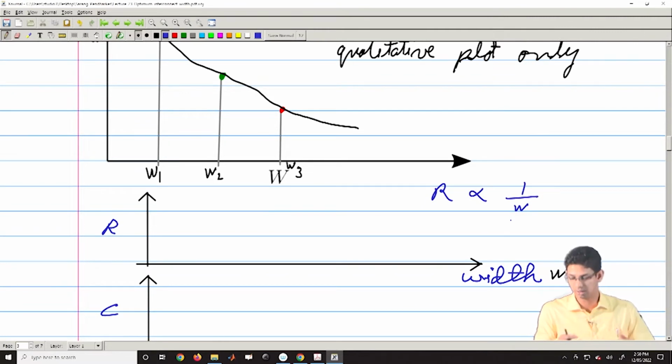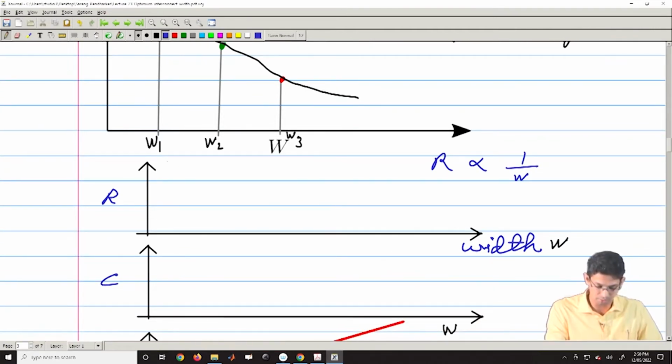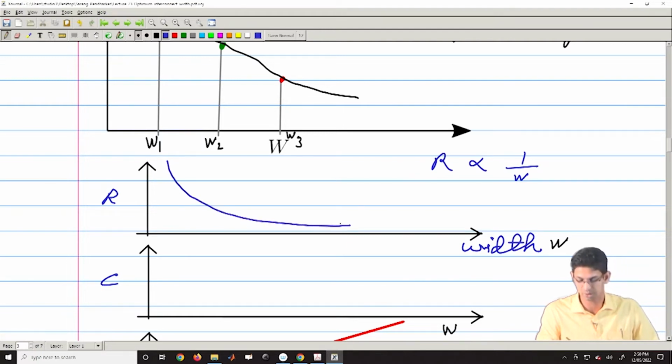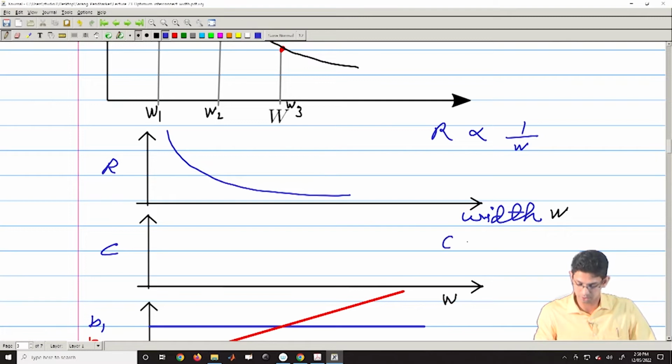So, if I increase my width, I will have more cross sectional area, so my resistance will go down. In that case my graph would be something like this. My capacitance is directly proportional to width. If I increase the width, I will have more area to store the charge, and therefore, my capacitance will go up.